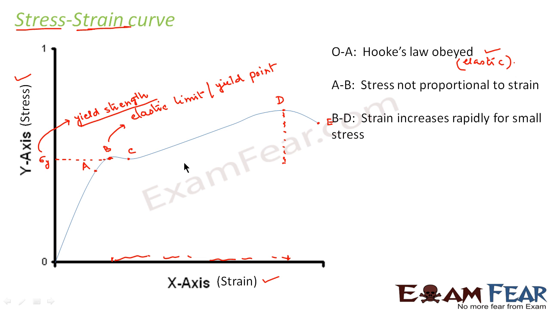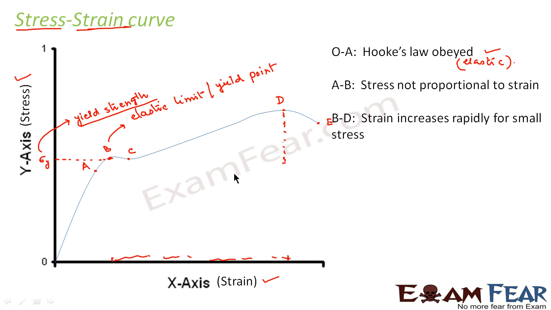So in this case, what happens? Even if the load is removed at any point between B and D, the body doesn't regain its original dimension. Try to understand this very nicely. Suppose you give a small stress, and the strain produced was more. Strain produced was more means the deformation in the body is more. Right? Strain is nothing but a measure of deformation. That is, you slightly pushed a ball and the ball changed its shape very enormously.